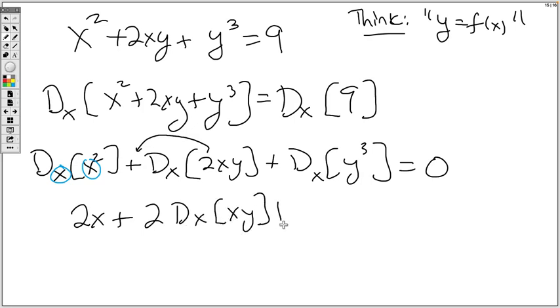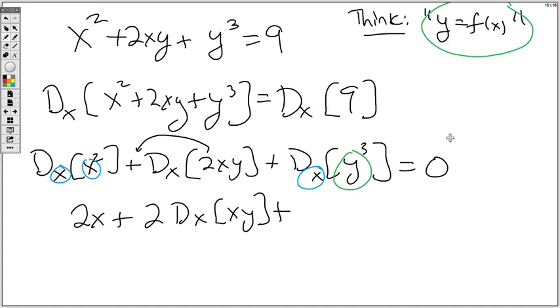And now let's take a look at the last term. I'm taking the derivative of y cubed with respect to x. Now that's not x cubed, that's y cubed, and we're pretending that y is a what? Function of x. So what rule do I have to use here to take that derivative? I'm not taking the derivative of x cubed, I'm taking the derivative of something cubed.